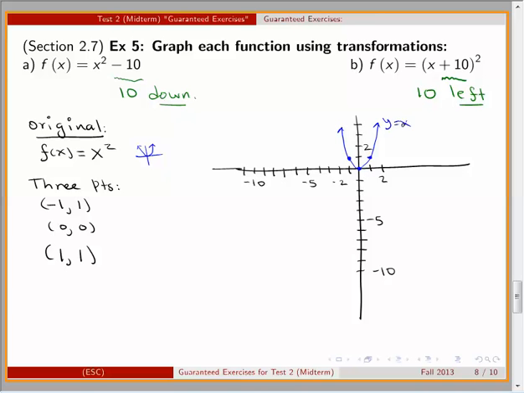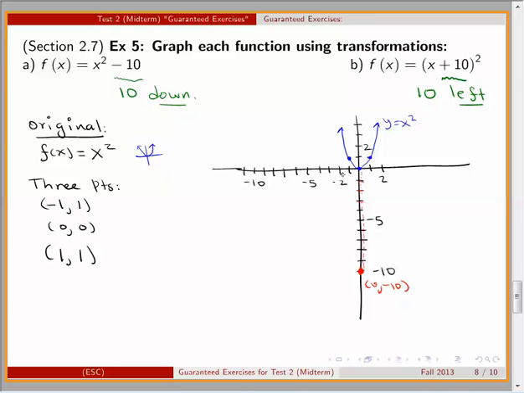Okay, now all you gotta do to get the function from part A is move every point down 10 units. We take this point and move it 10 units down, and that will take us all the way to this point right here, 0 comma negative 10. We repeat with the other 2 points.